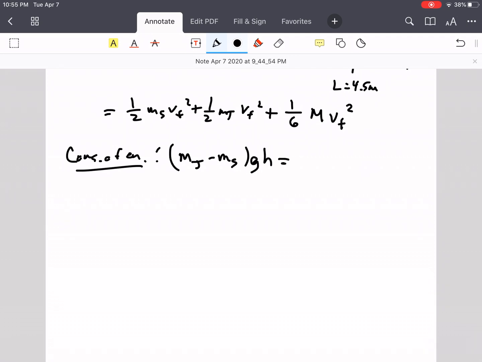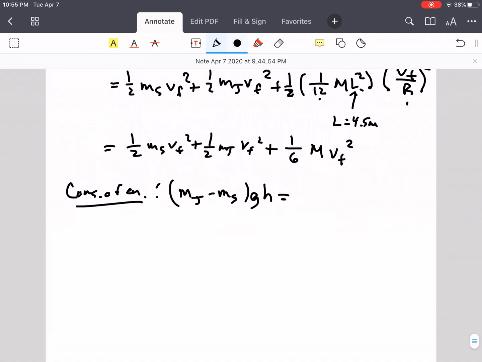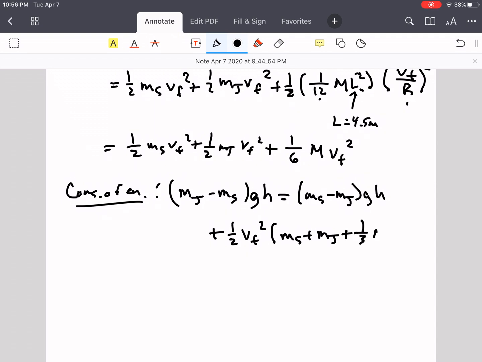And that's equal to my final gravitational potential energy, which is just negative this. So that's m students minus mj times g times h, plus kinetic, which is 1/2 vf squared times ms plus mj plus 1/3 of the mass of the rod.